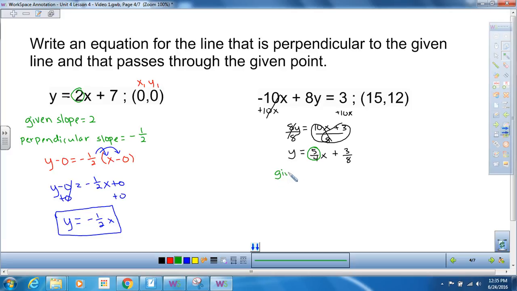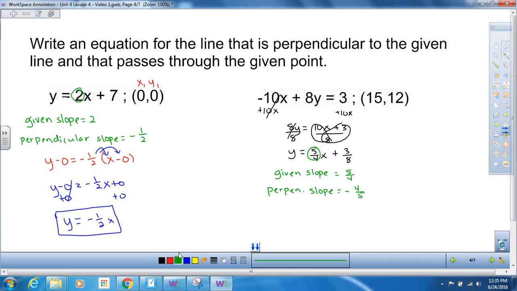So my given slope is 5/4. And so then my perpendicular slope is opposite reciprocal. So that's positive, I need negative, and then reciprocal will be 4/5.